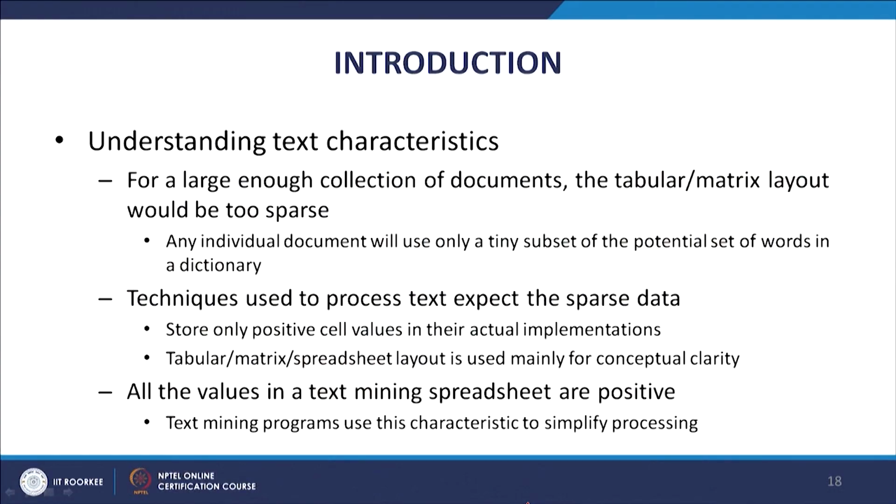To continue our discussion on understanding text characteristics, a few points are mentioned here again. For a large enough collection of documents, the tabular layout, the matrix layout that we have talked about, is going to be too sparse, because on the column side we are going to have a number of words, and those words are not going to be present in each of the documents represented by rows.